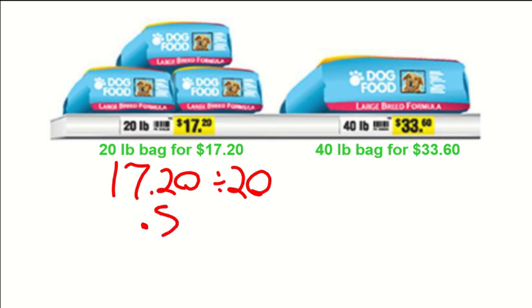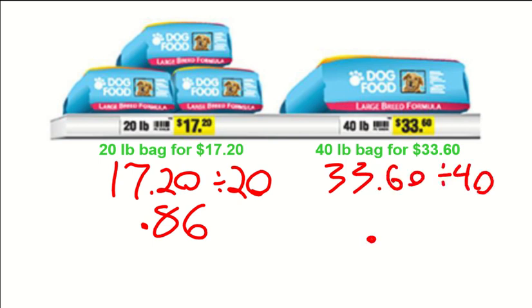For the 20-pound bag, that's 86 cents. 40-pound bag, we got $33.60 divided by 40. That's 84 cents. Okay? For better deal, we want the lower number. 84 cents is lower than 86 cents. Okay? Everybody kind of follow?